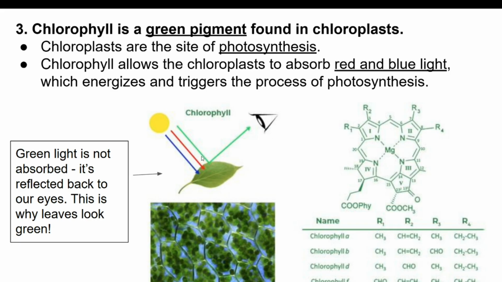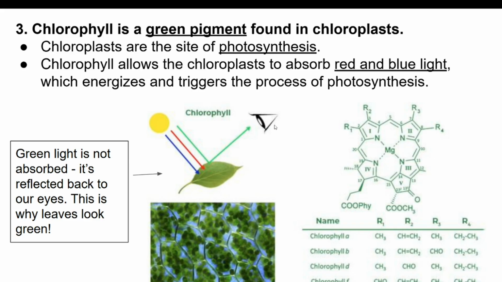Now you might be asking, okay, why only red and blue light? Why not yellow or orange or purple? Well, if you know anything about light combination, or if you've learned a little bit about how screens work or RGB lights, you can actually make every single color of light using only 3 colors. You can use red, green, and blue, and different combinations of those lights will give you pretty much every single color that you can imagine.